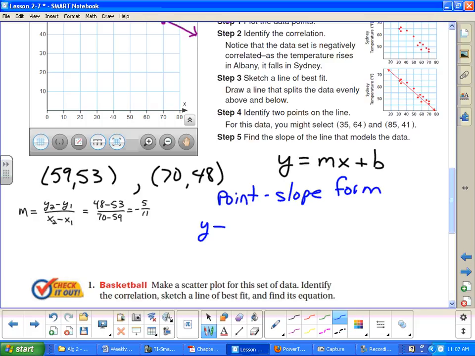Okay. So we do y minus y1. Does it matter which point I use for point slope form? Nope. All right, so let's use the 70-48. So y minus 48 equals our slope, -5/11 times x minus 70.